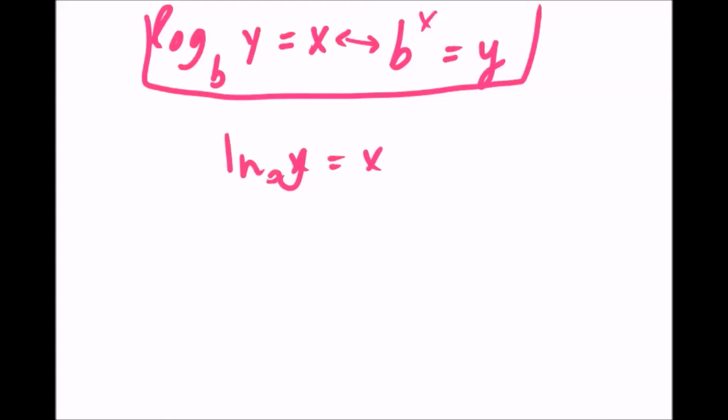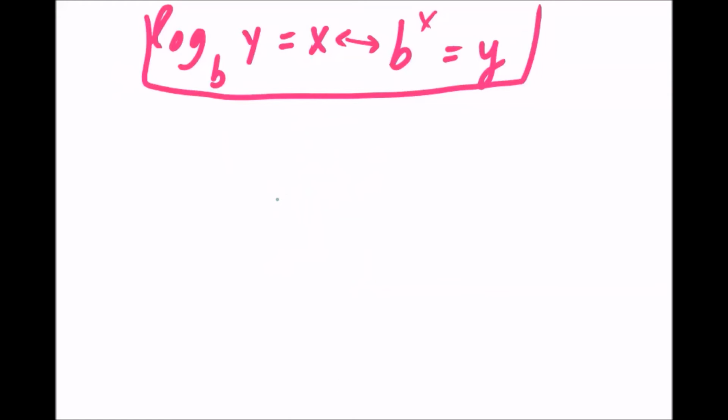It only has one base, and that's base e. This log has a base that's a number, but natural log has a base of e. So the flipped form of that is e to the x equals y.